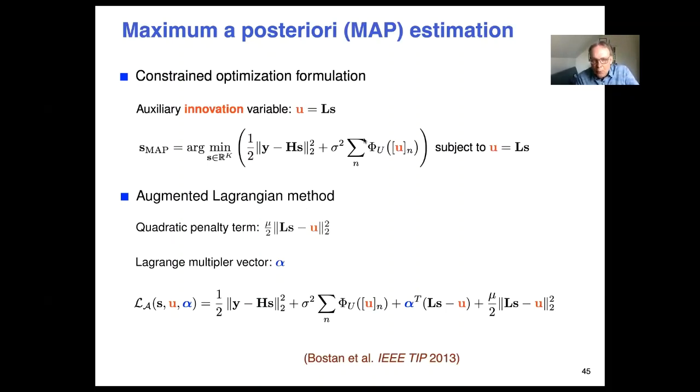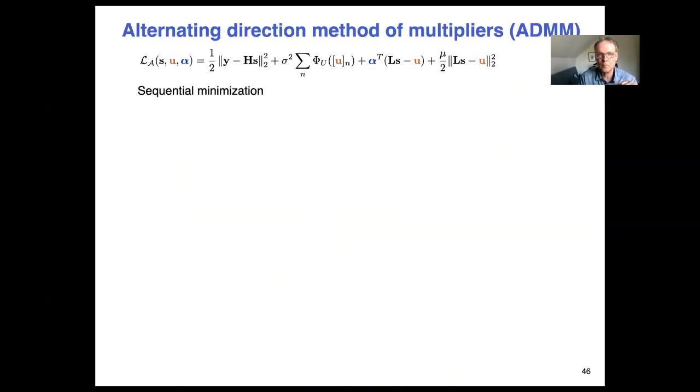So you rewrite your thing to minimize by now considering an auxiliary variable u and a Lagrange multiplier alpha. Okay, so that's the original problem, but the u is now an auxiliary variable. So you want to force u to be equal to Ls. That you do here with the Lagrange multipliers, but you also do it here with this quadratic term that will pull u towards Ls.